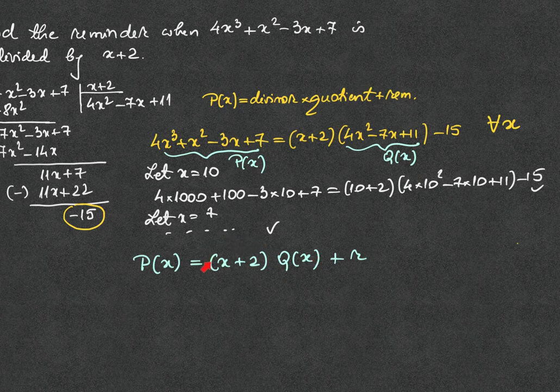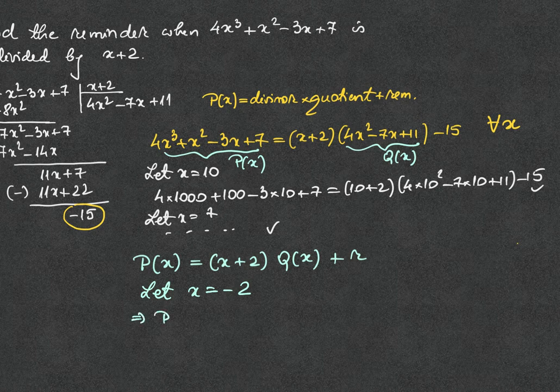So another idea can be to make this whole term disappear. So if I want this to disappear, to be left with r, I can make either q of x 0, but I don't know it, or I can make this expression 0. So I will choose x equals negative 2 to make the divisor 0.